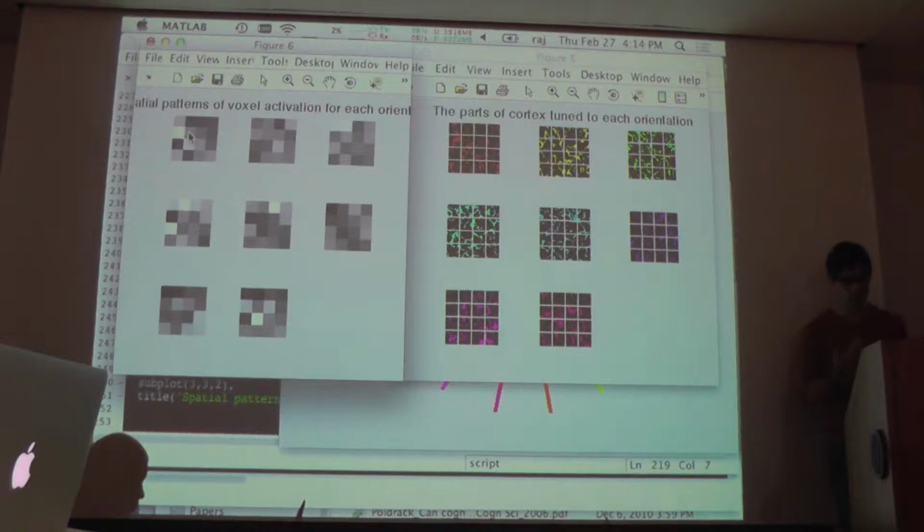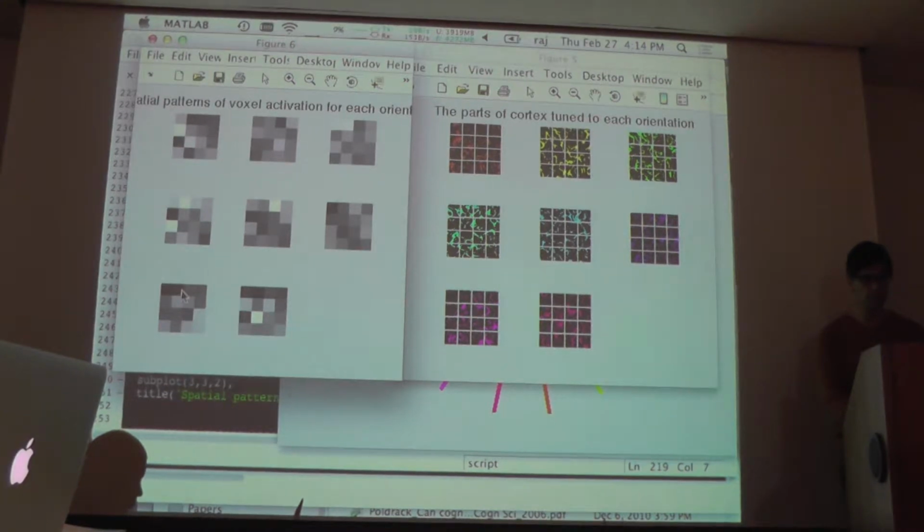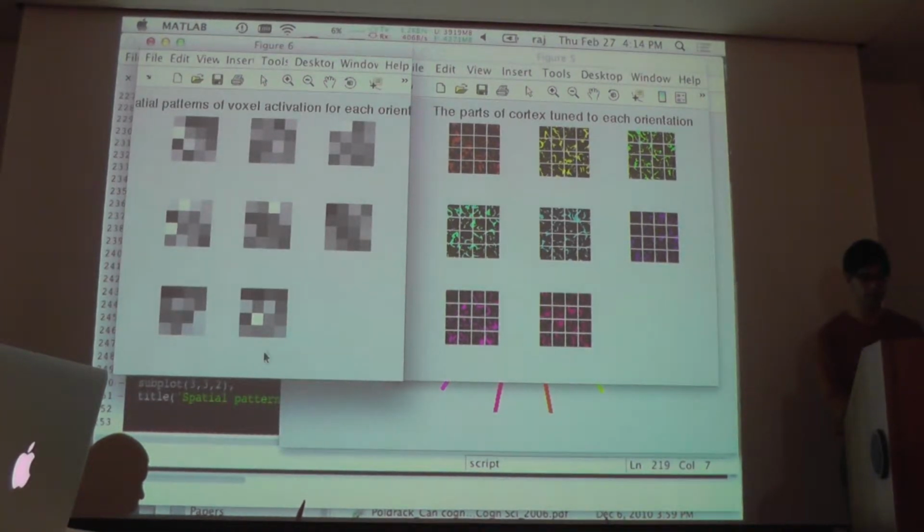If you were to count up how much gray stuff is there in this 4x4 grid for all of these different scenarios, the answer is it will be quite an equal amount for many of them, right? Like this one, this one, this one, this one. The total amount of gray stuff is about the same, but the pattern's different.